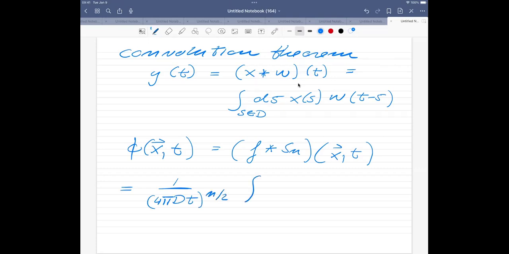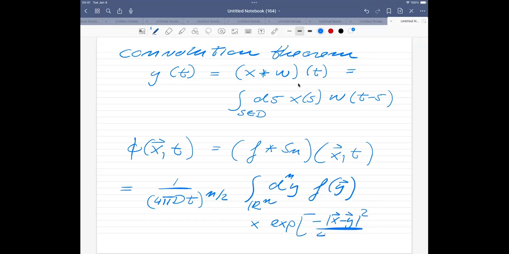We have an integral over all real numbers, of dy, and then a function, which is our distribution f of y, which we are transforming here. And f of y is then multiplied by the exponential of minus x minus y squared divided by 4dt.